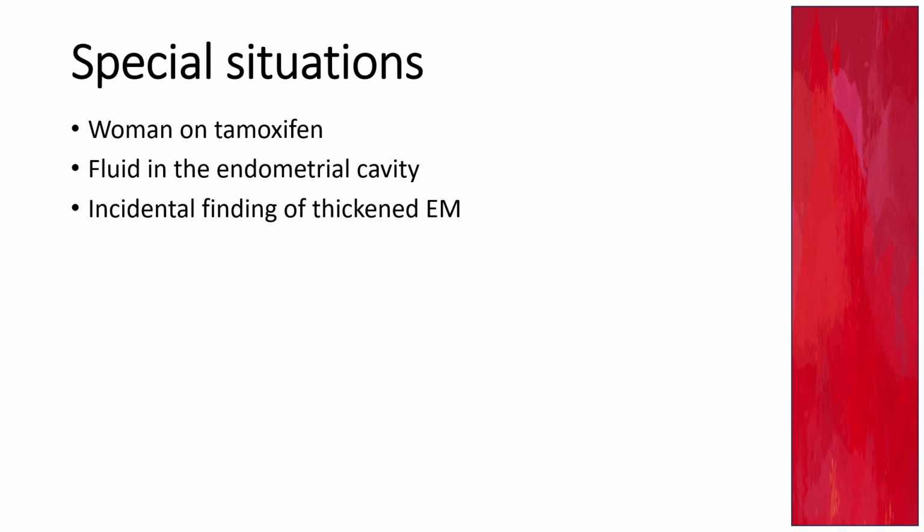It is an antagonist of estrogen on the breast, while it acts as an agonist on the endometrium. So, in women on long-term tamoxifen, there may be proliferation of the endometrium leading to hyperplasia and atypical hyperplasia, sometimes even leading to endometrial carcinoma.